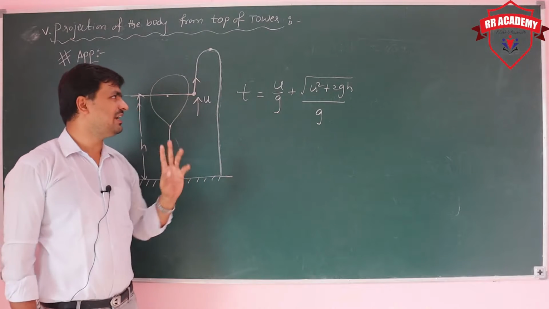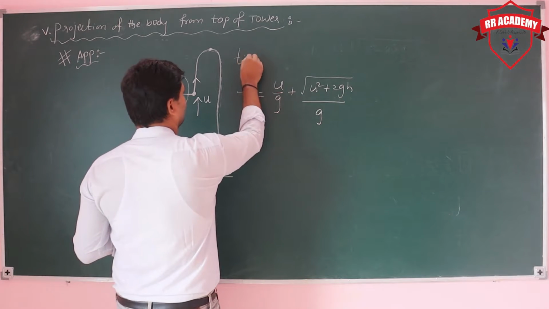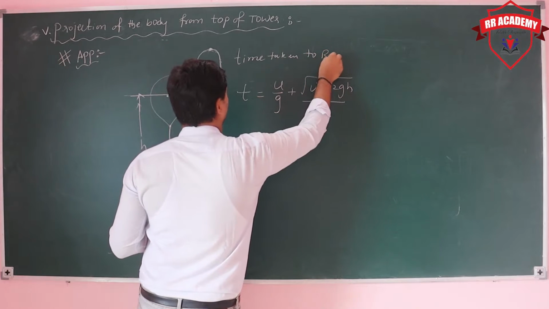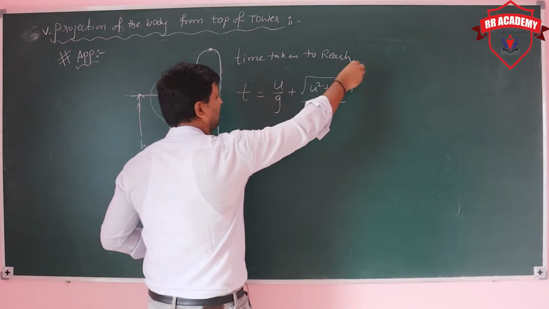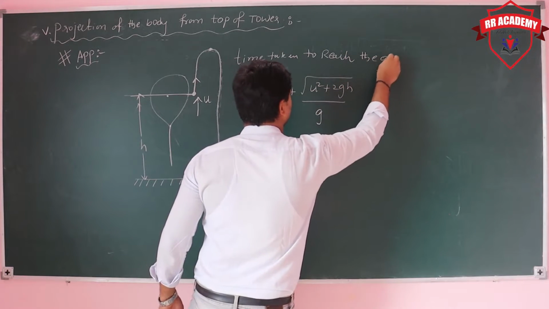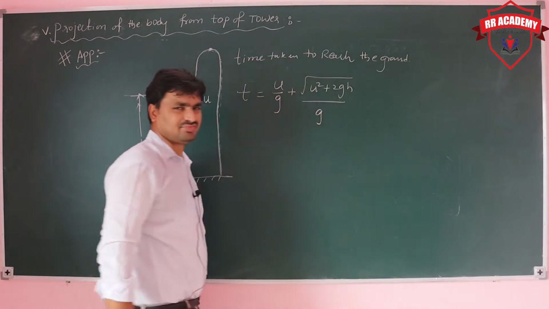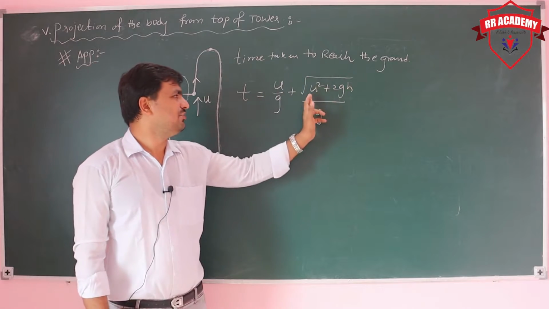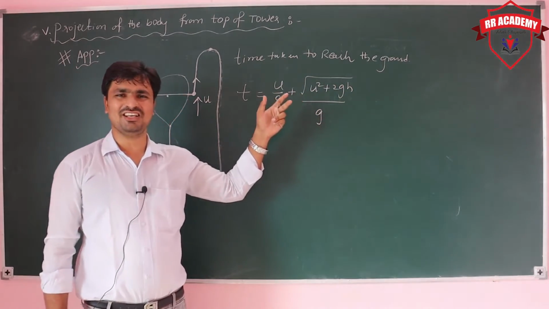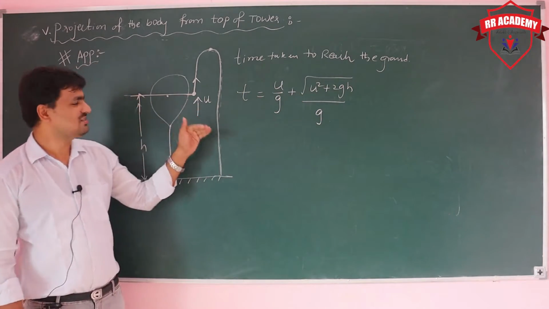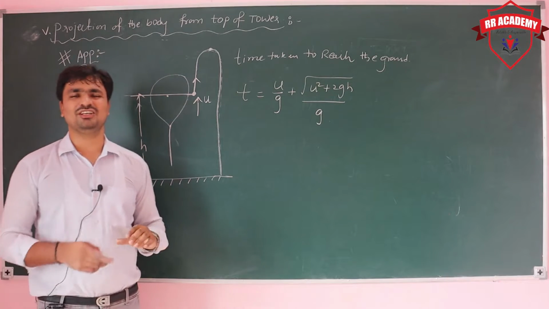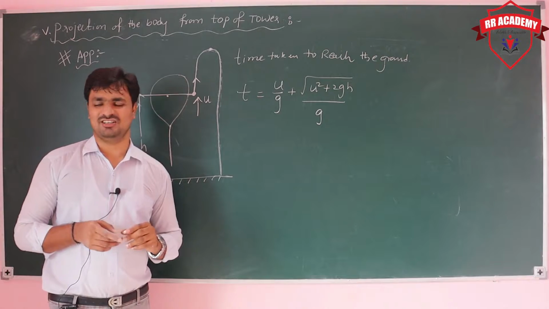Then how much time is taken to reach the ground? Yes, this much time: u by g plus under root u square plus 2gh by g. This is because it looks like the body projected from the top of the tower vertically upwards.